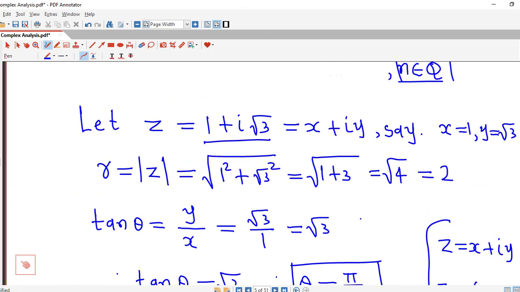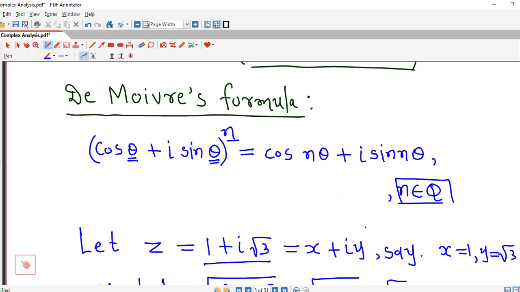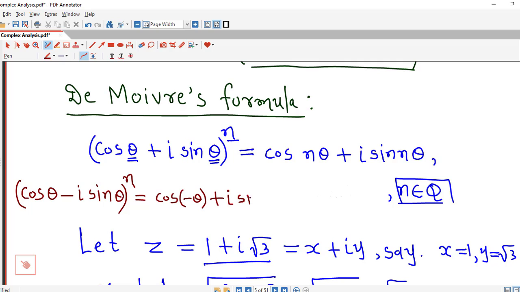Now one more thing about De Moivre's formula: suppose we have a negative sign, cos theta minus i sin theta. I can rewrite this as cosine of minus theta plus i times sine of minus theta, because cosine of minus theta equals cos theta, and minus sin theta equals sine of minus theta, all to the power n.